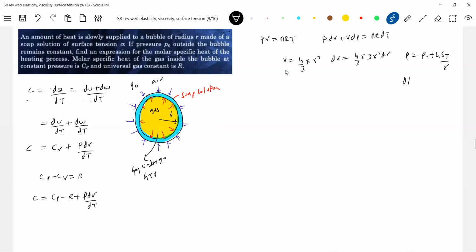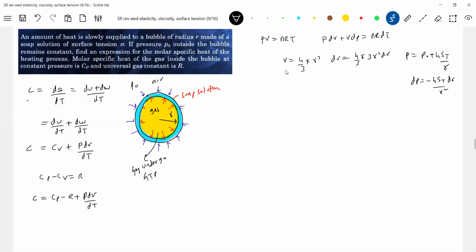Atmosphere, no? So dP is equal to that. P naught will be constant. Atmospheric pressure will not change when you supply heat to the gas. So I'll replace all the terms here. What is in place of P in this equation?